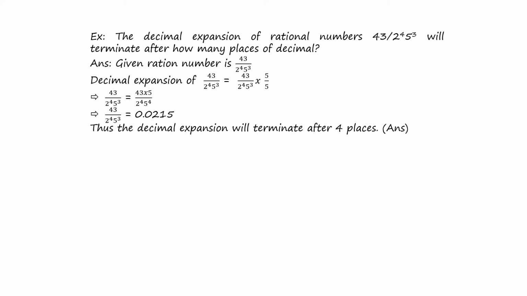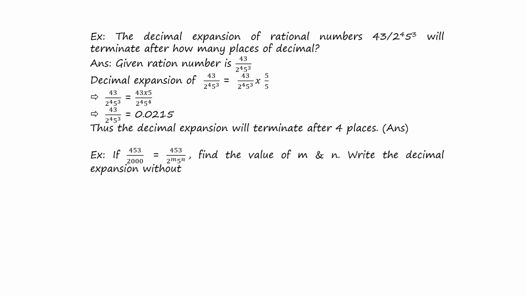Let's see another example. If 453 by 2000 equals 453 by 2 to the power m, 5 to the power n, find the values of m and n, and write the decimal expansion without actual division. The given number is 453 by 2000, which equals 453 by 2 to the power m, 5 to the power n. But 2000 is 2 to the power 4 into 5 to the power 3, so 453 by 2000 equals 453 by 2 to the power 4 into 5 to the power 3.